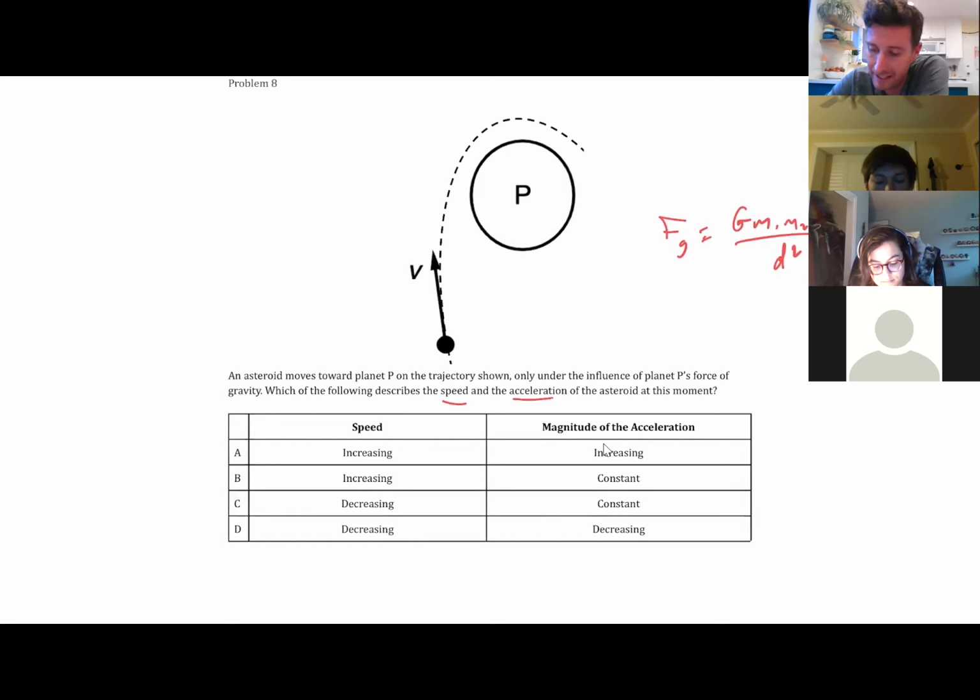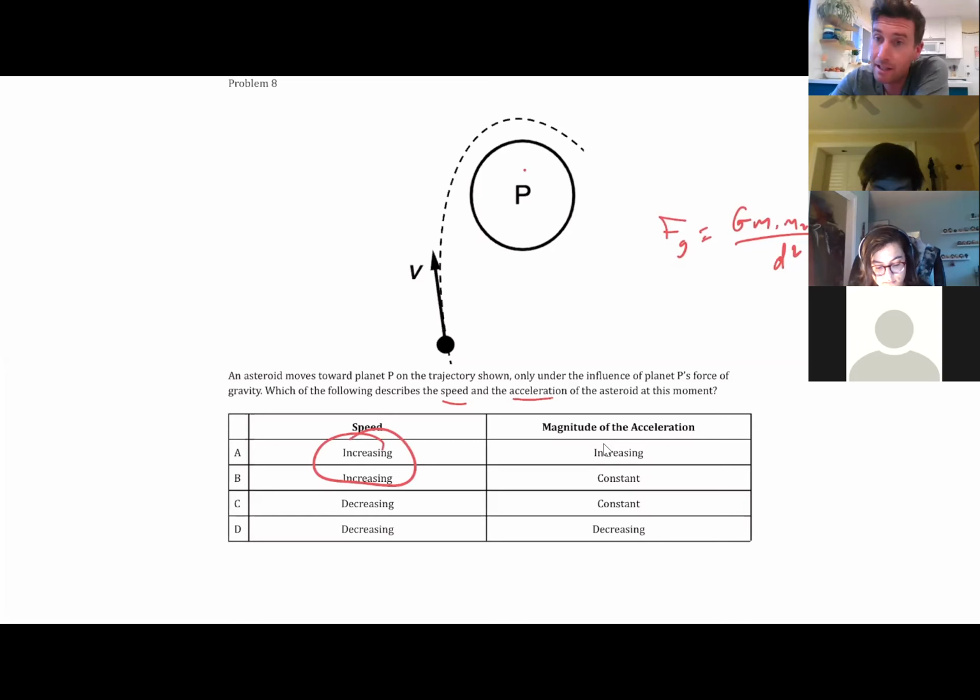It does tell me that acceleration is going to increase as I get closer, but I also kind of know that. All right, so the speed: as I get closer to the planet, I'm going to speed up. Drop something, it speeds up as it gets closer to the planet. So the speed has to be increasing. I'm down to A or B.